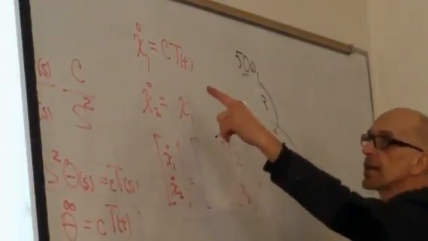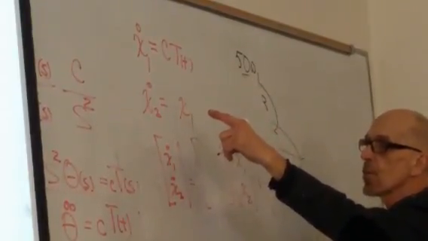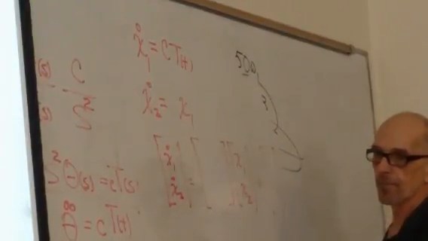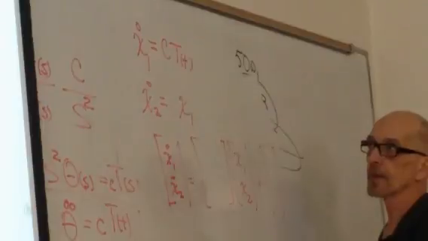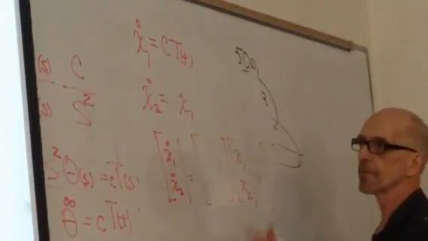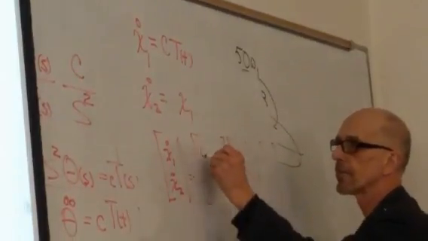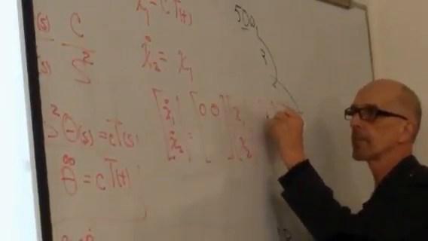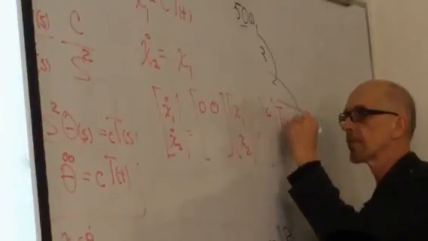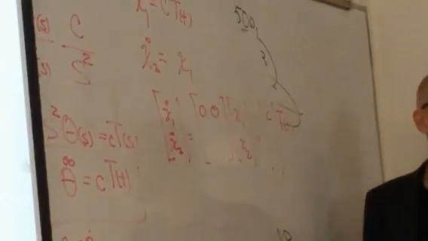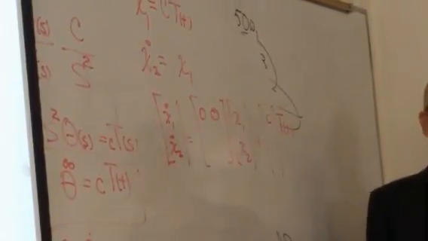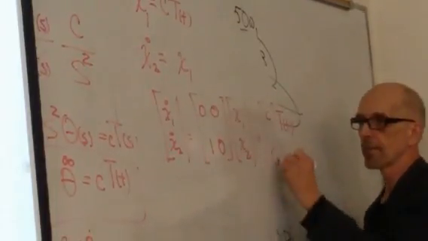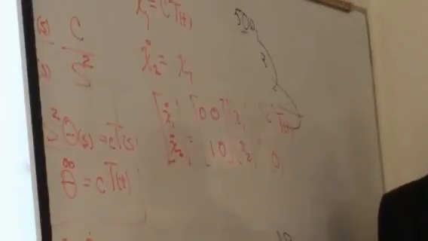X1 dot, right, is what? And what about X2 dot? That's one form.